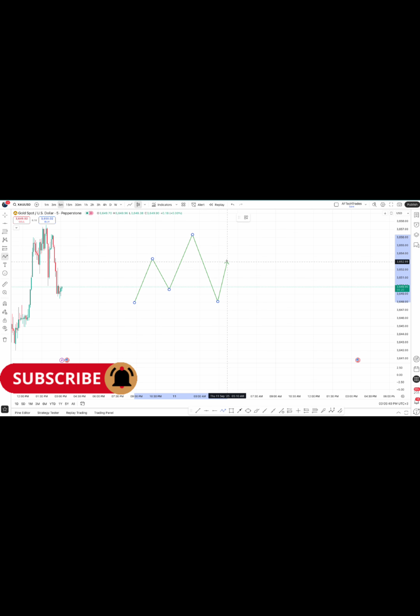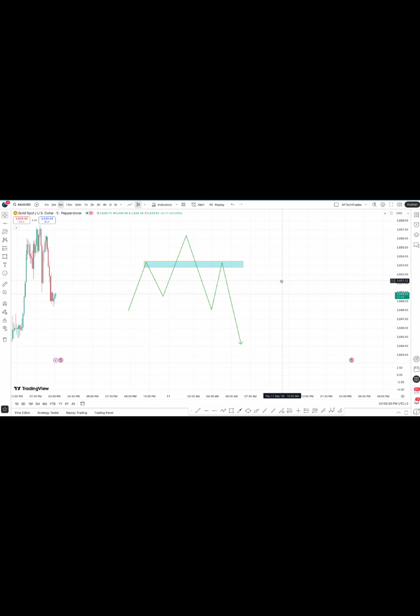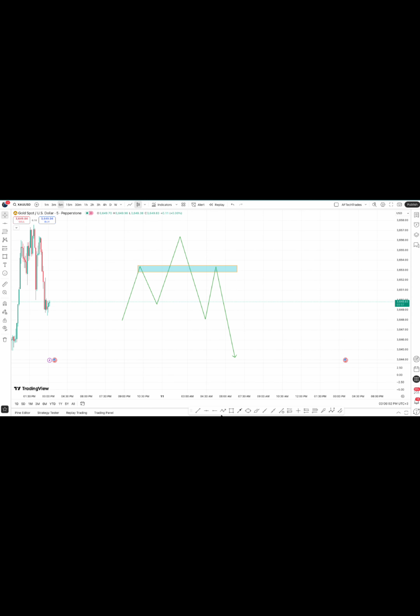I just want you to understand one simple thing, so you know they are not the same. They are almost similar, but they are not the same. This is the bearish one, right? It came back to test here. I will show you the difference just a little bit.